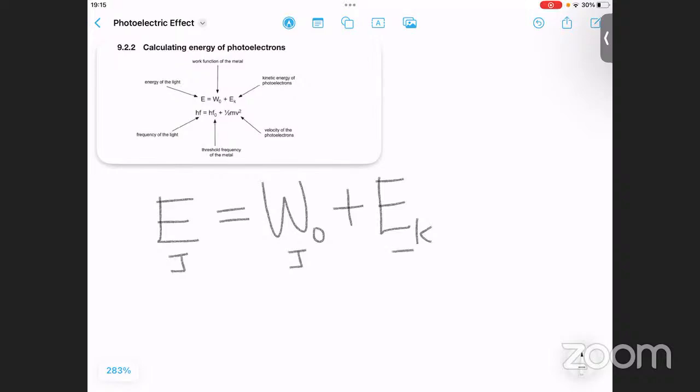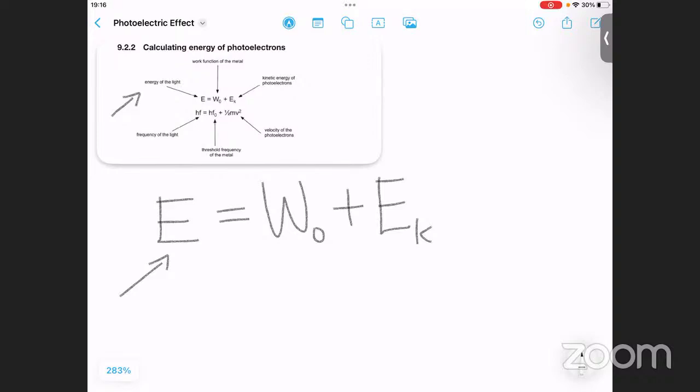This formula tells us more about the energy of a photoelectron. So E refers to the energy of light, which means there must be a light which has the energy to do something. And that's something we will discuss as we continue.